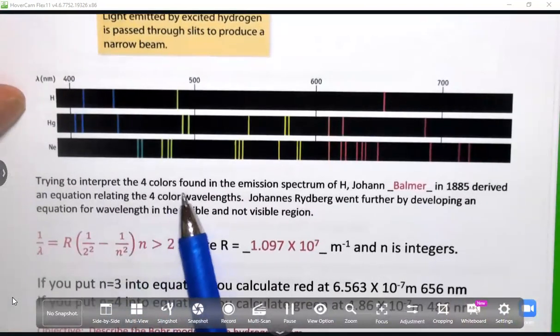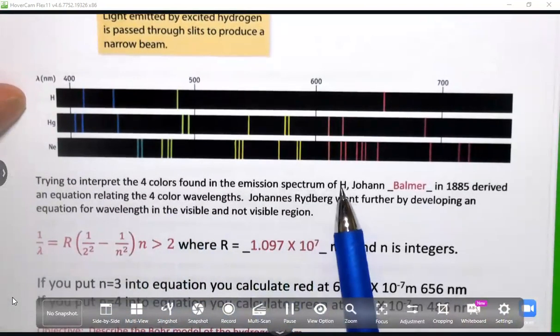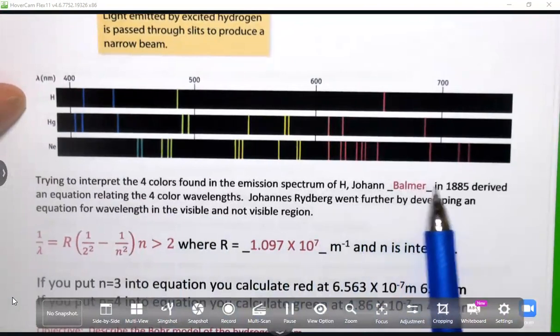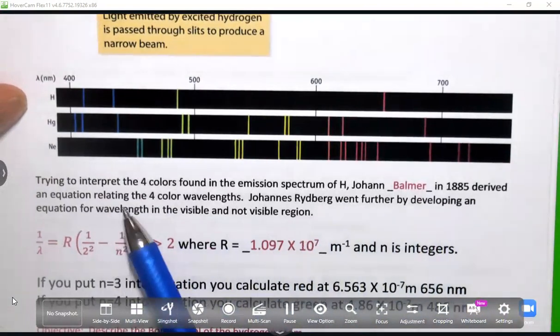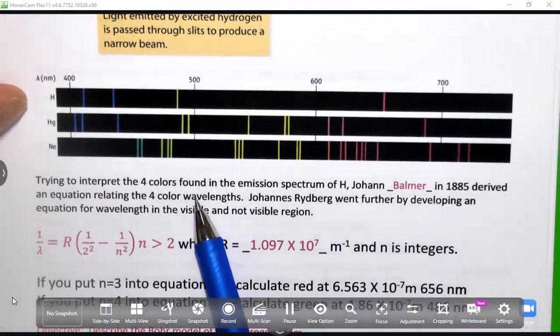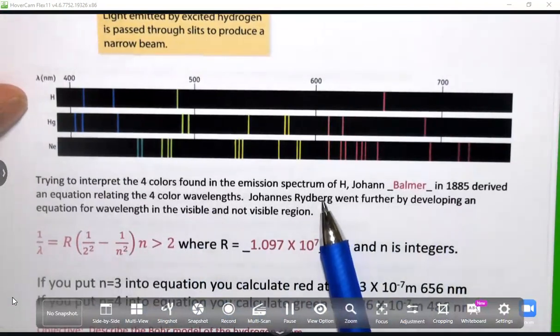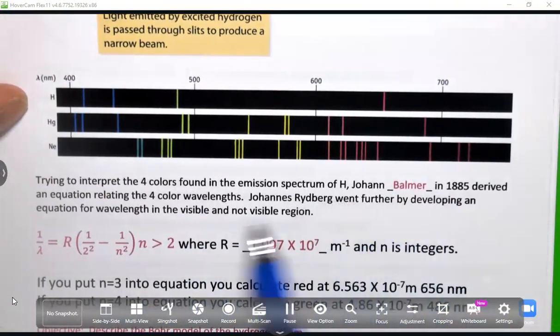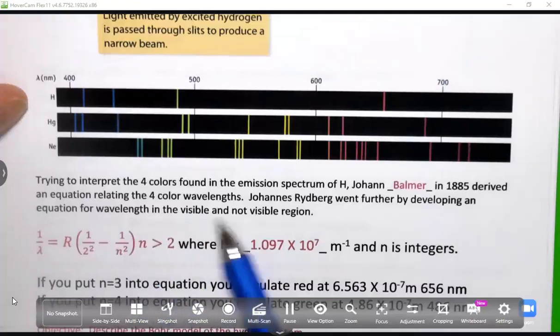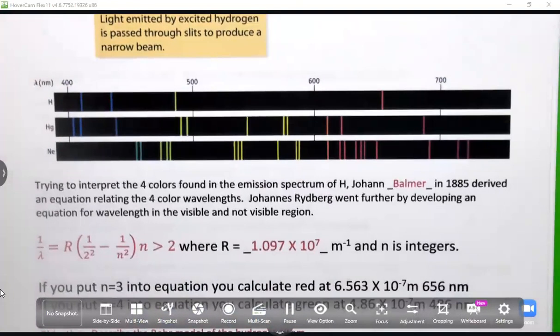Trying to interpret the 4 colors found in the emission spectrum of hydrogen, Johann Balmer in 1885 derived an equation relating the 4 wavelengths. Rydberg went further by developing an equation for wavelength in the visible and non-visible region.